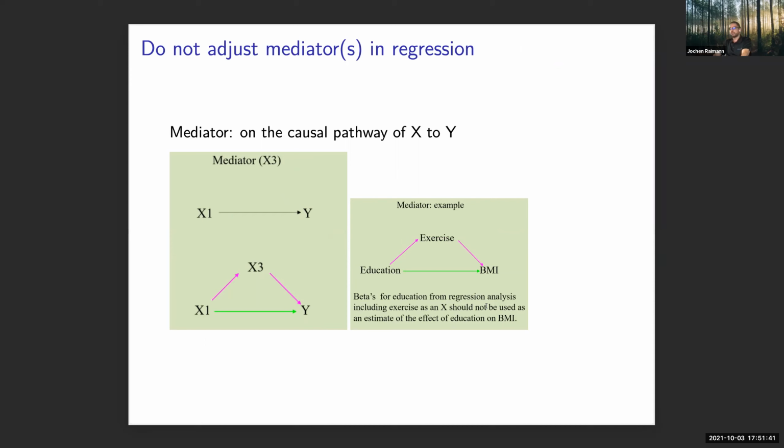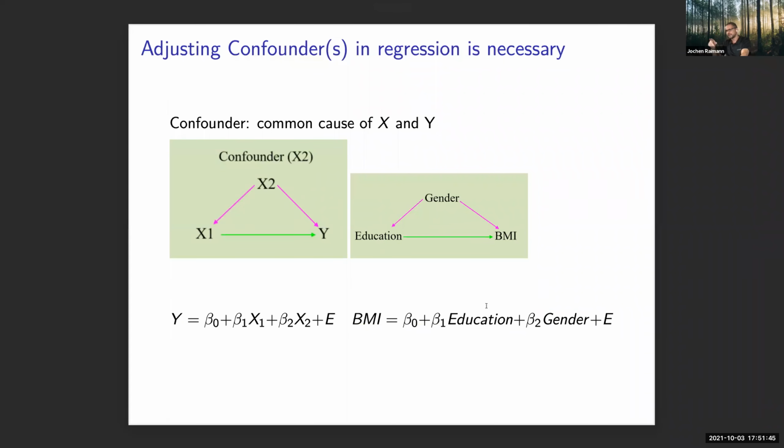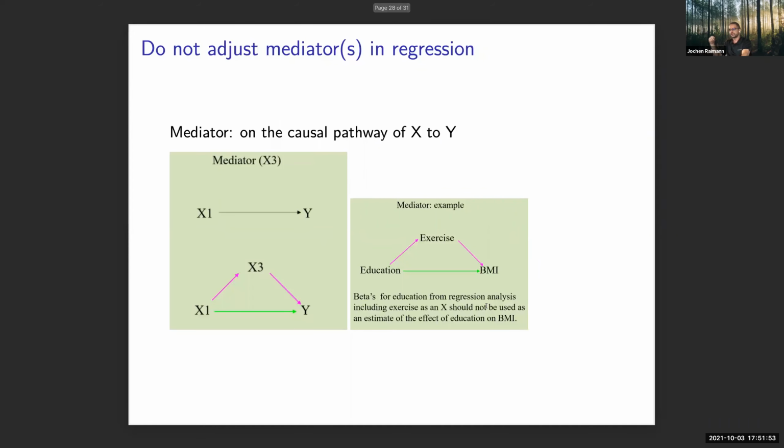In addition to that, you have mediators, and mediators are different. As you can see here, education doesn't cause gender, right? However, if you have something that affects a third variable, and this third variable in turn affects the outcome, so education causes exercise, and exercise causes BMI, then that is a mediator because it lies on the causal pathway.